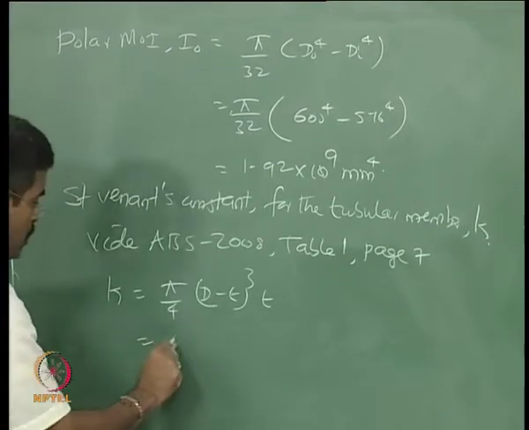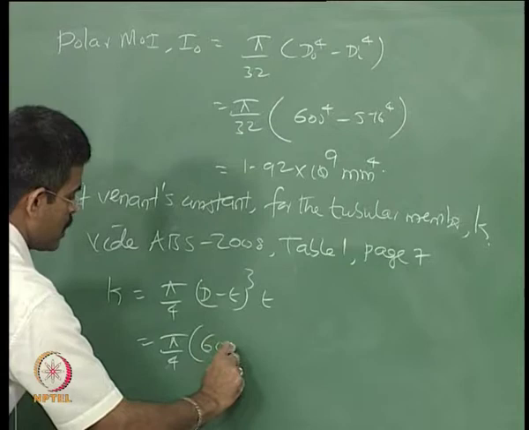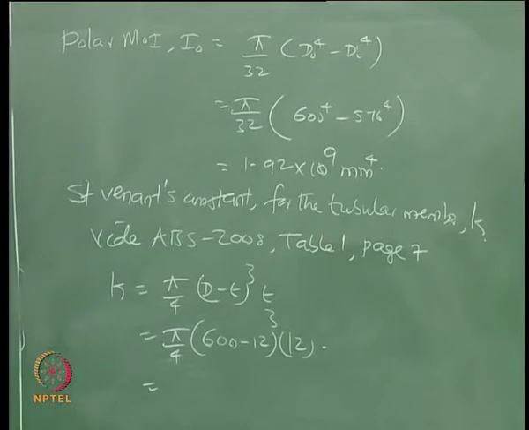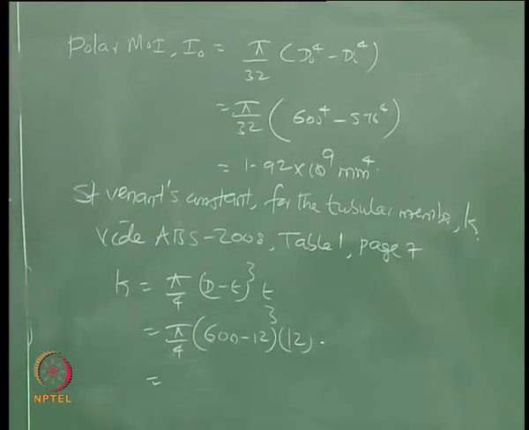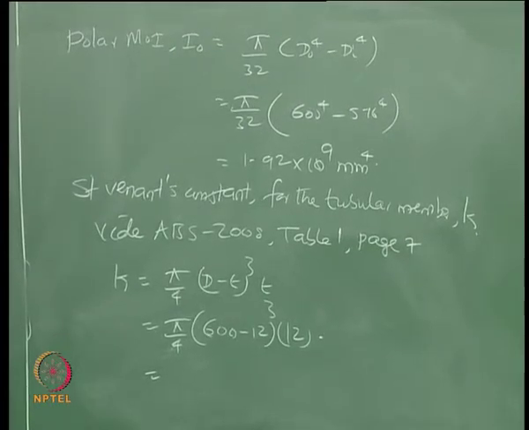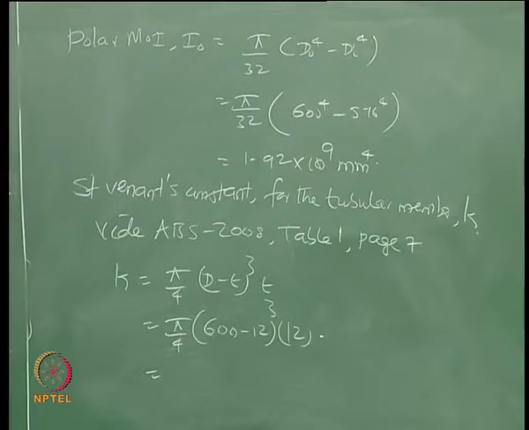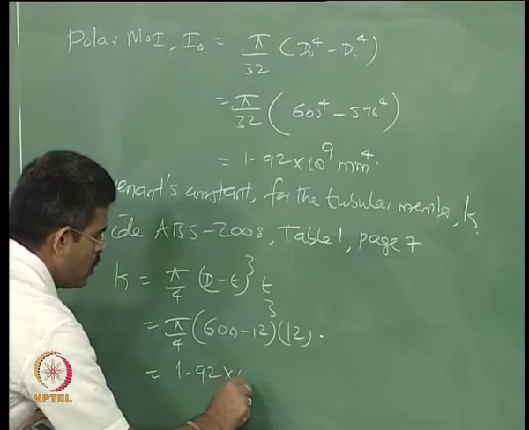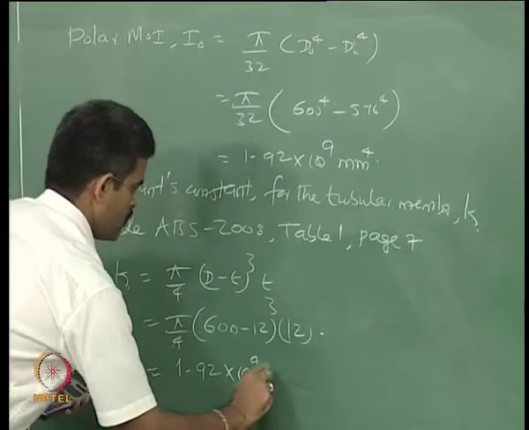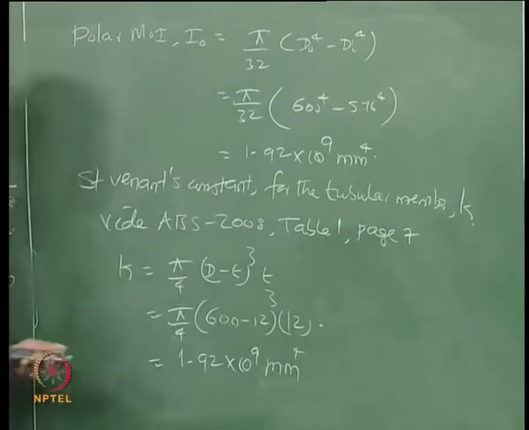I substitute now, so pi by 4, 600 minus 12 cube into 12, which is again 1.92 into 10 power 9 mm to the power 4.